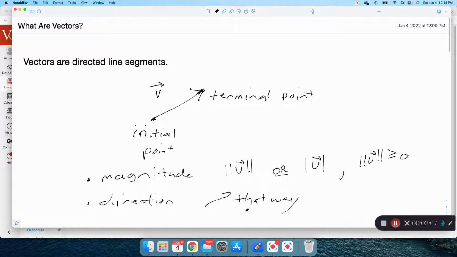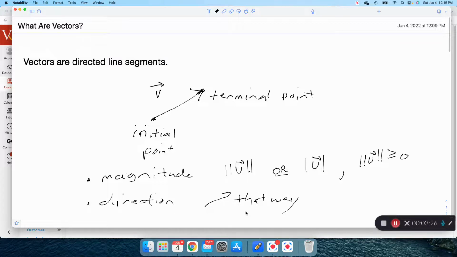Once we get into a coordinate plane and we can measure an angle from something, maybe from the x-axis or the y-axis, then we can throw angles in there, and I can say a vector points 20 degrees from the x-axis counterclockwise. But for now, the best we can do is say that way and kind of point.